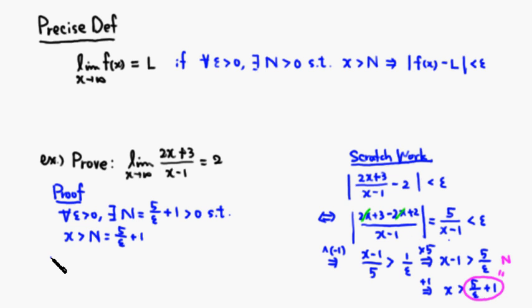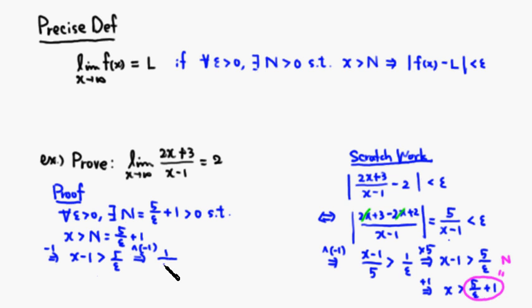So this implies that, by subtracting 1, we know that x minus 1 is greater than 5 over epsilon. Then we can take the reciprocal of both sides.